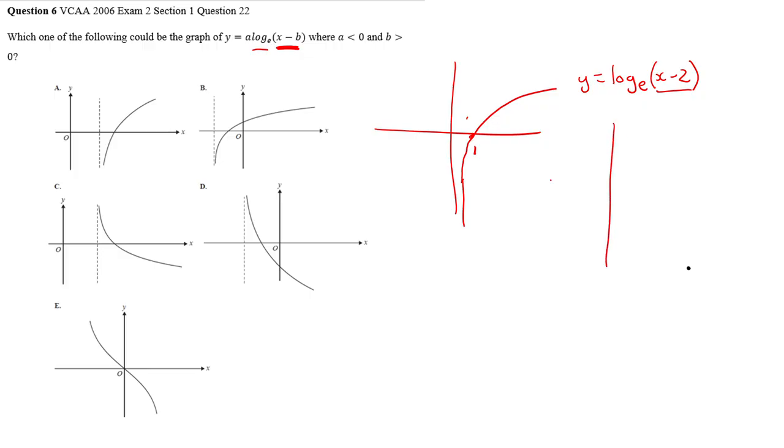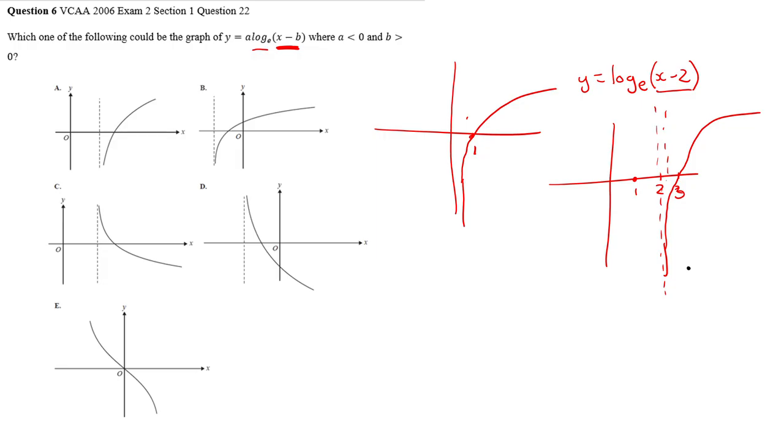So I'm going to draw another graph, and instead of being at 1, I've moved it over 2 spots. So again, that's going to be over here. So that means I'm going to have a dotted line at 2, because x won't equal 2. So that's the first thing that I need it to do.